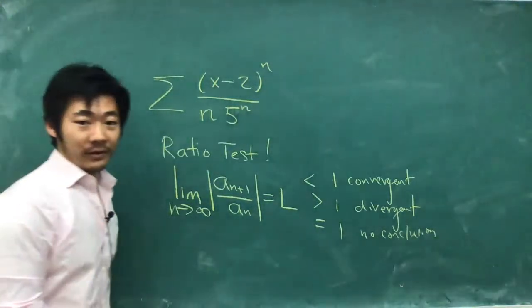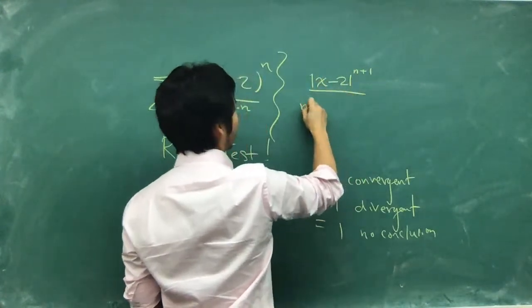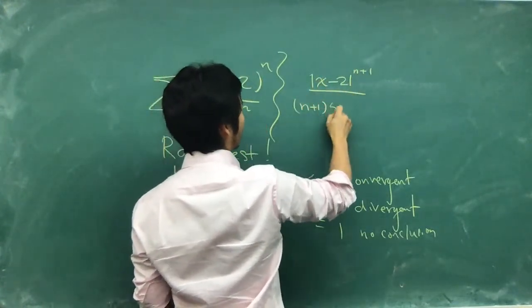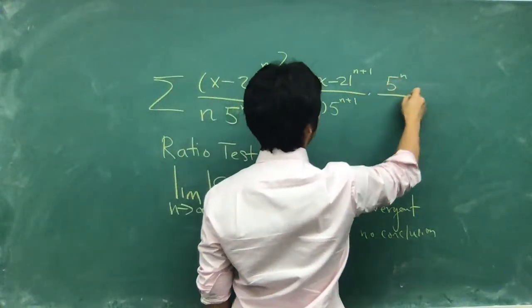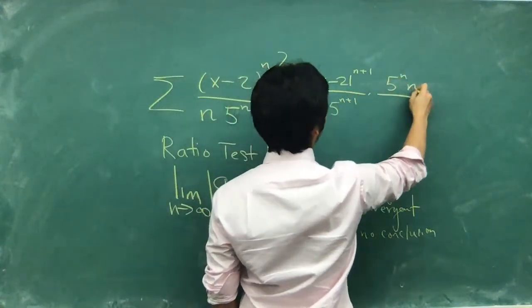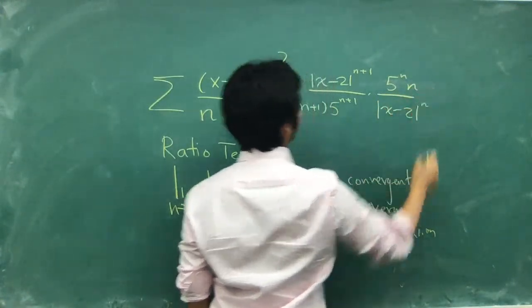Okay, and so for this one, minus 2 n plus 1 over n plus 1, 5 n plus 1 times 5 to the n over n and x minus 2 to the n.